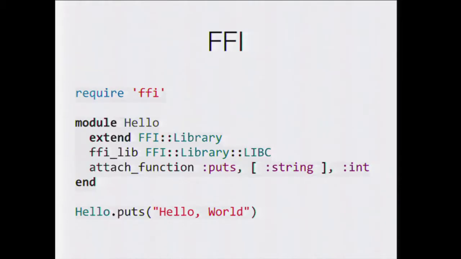FFI is a Ruby gem available for both MRI and JRuby. FFI comes bundled with JRuby, and it allows you to call the native functions from Ruby code just like that.